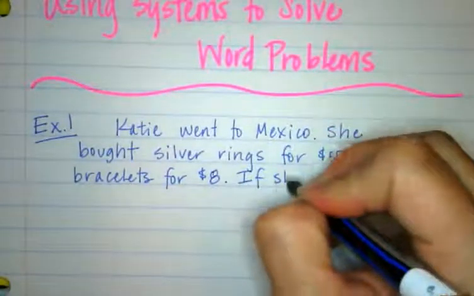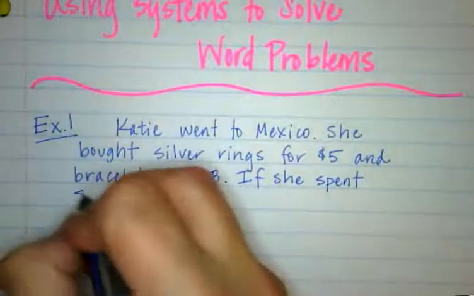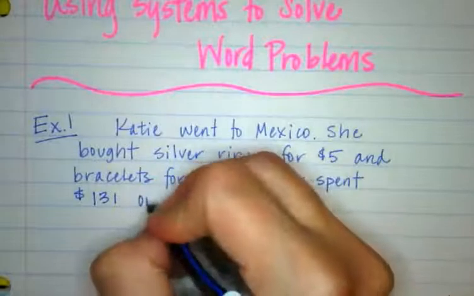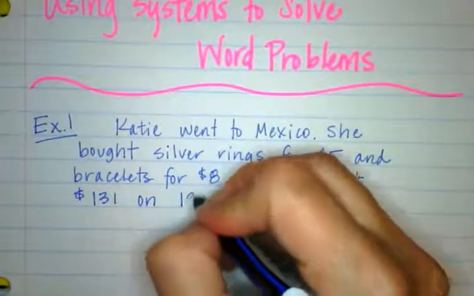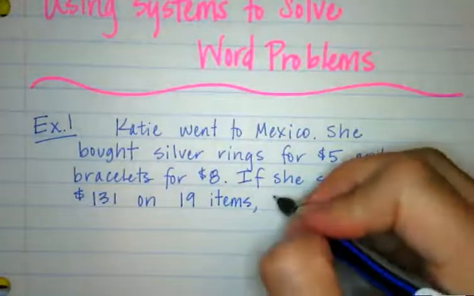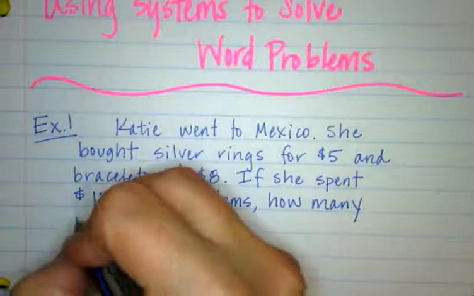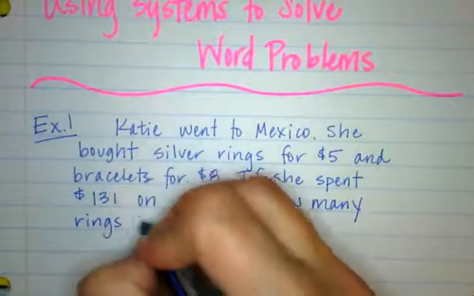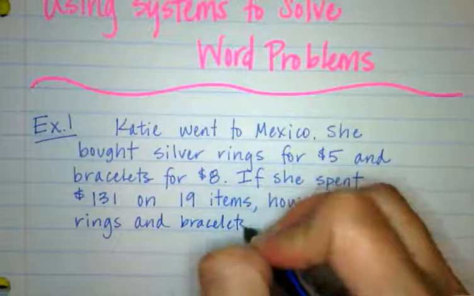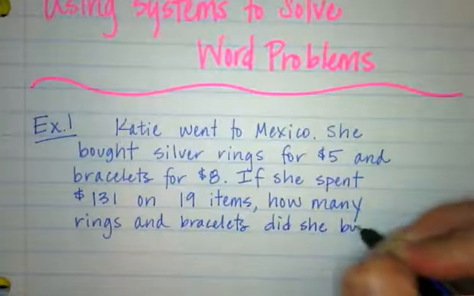If she spent $131 on 19 items, how many rings and bracelets did she buy?